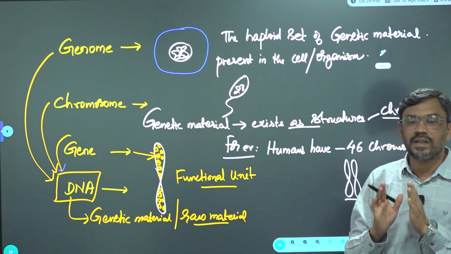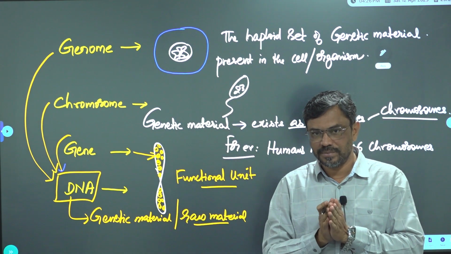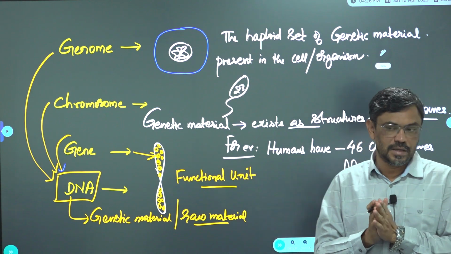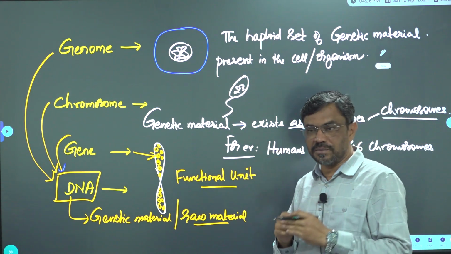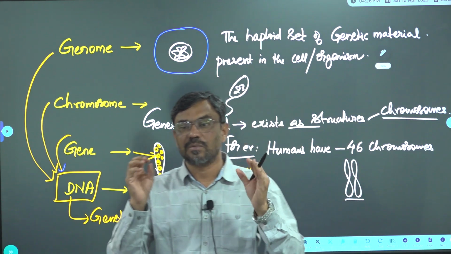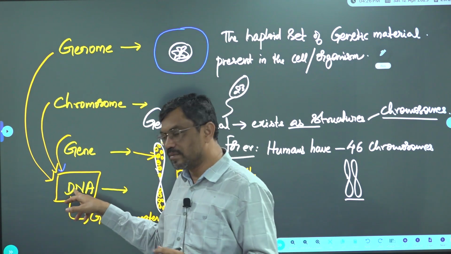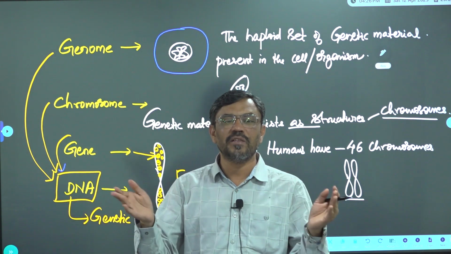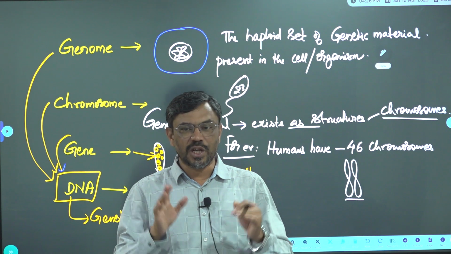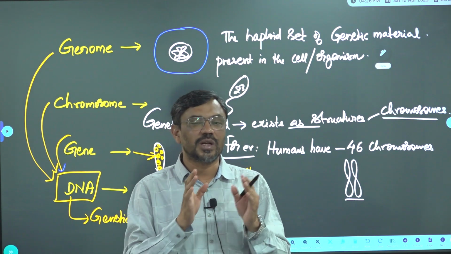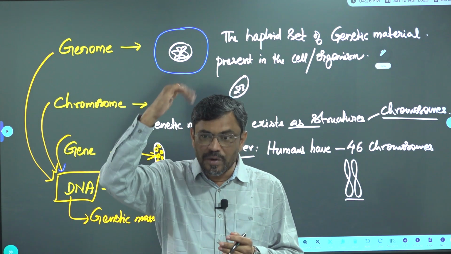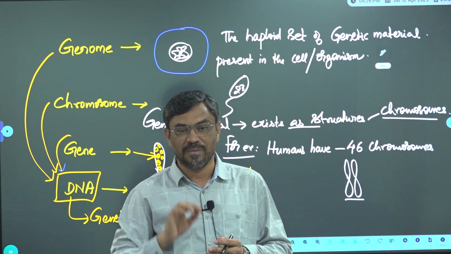So we can say that DNA is the raw material. Suppose you construct a building. That building needs some raw materials. That raw material is the DNA. The design, shape, structure and size of the building may vary, but the composition is the same.